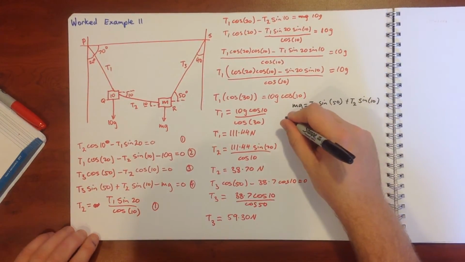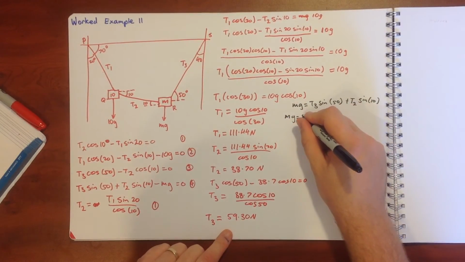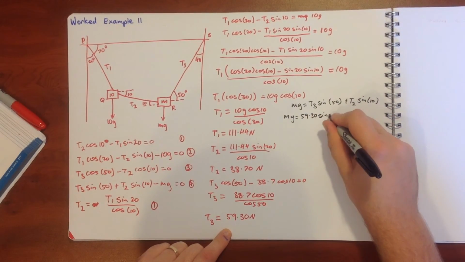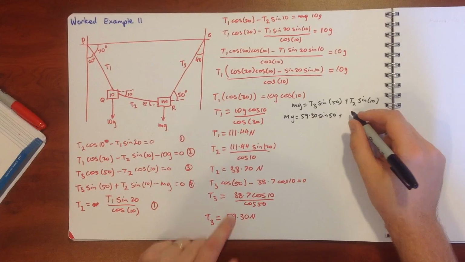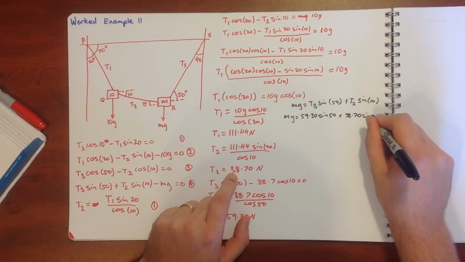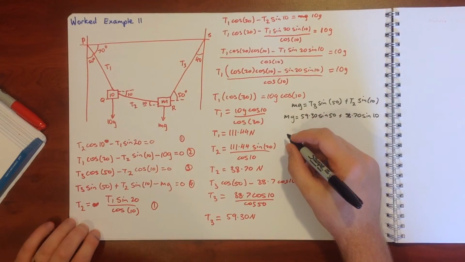So we know our mg is going to equal our T3, which is our 59.30 sine of 50, plus our T2, which is our 38.70 sine of 10. And we can divide that by our g value as well.